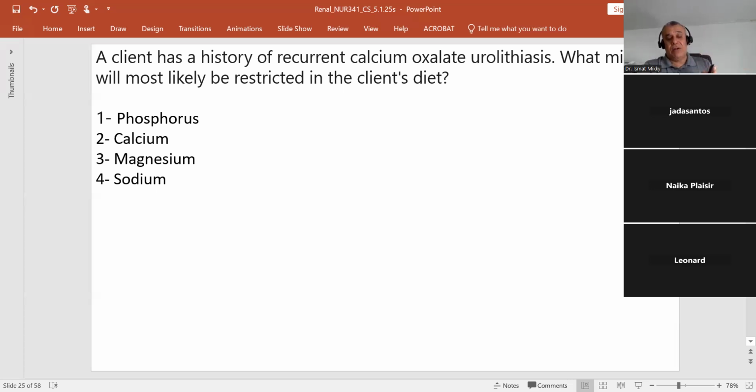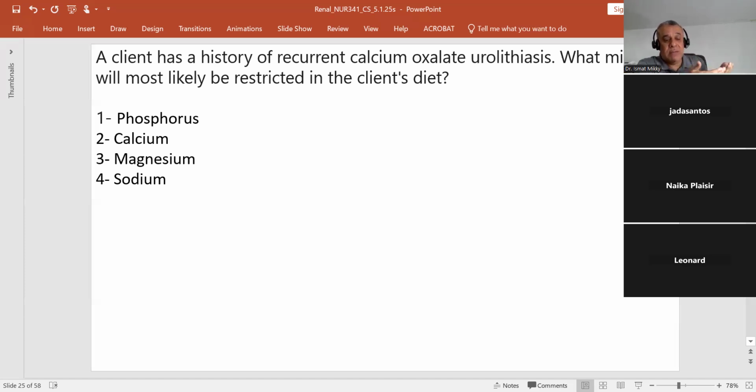The other minerals listed are not typically restricted in the diet of the client with urolithiasis, phosphorus or calcium or magnesium. Most of the time, you'll find that sodium restriction may be prescribed for the client with recurrent urolithiasis because of high sodium, more than 2 grams, because the recommended daily allowance for sodium is 2 grams.